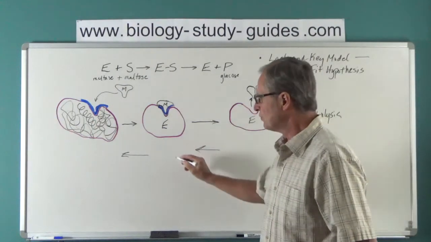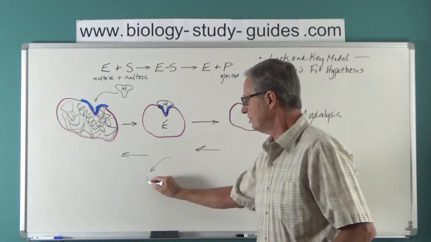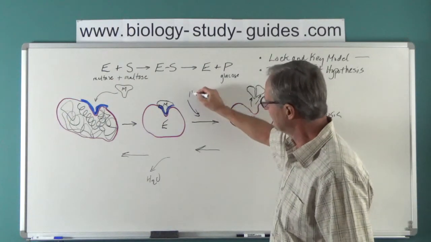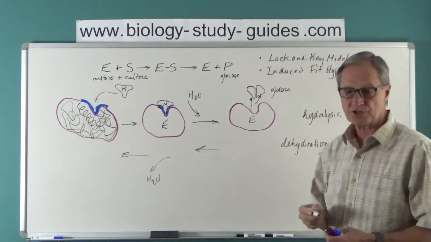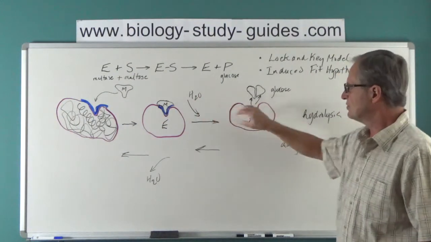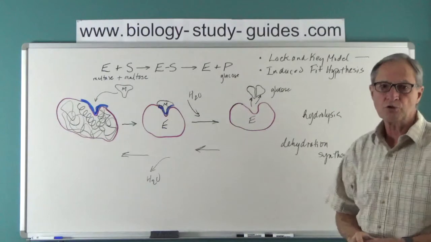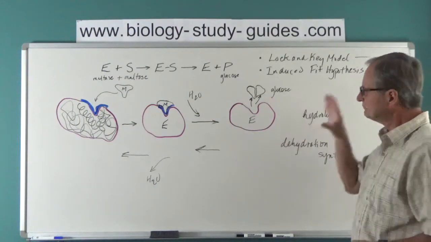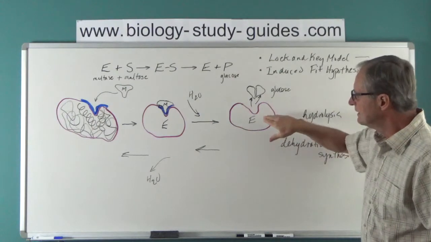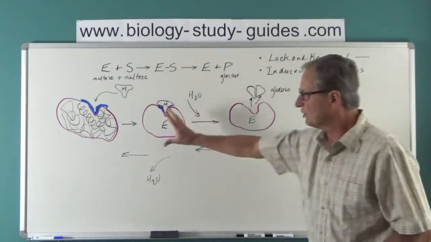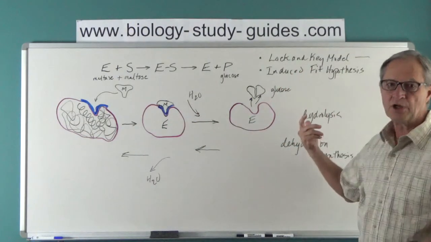If we're going this way, water's given off. If we're going this way, we have to have water present so that the hydroxide ion and the hydrogen ion can go back onto the glucose molecules when the maltose is taken apart. The point is, this is always present. So it's there should the reaction go that way, or it's there should the reaction go this way.